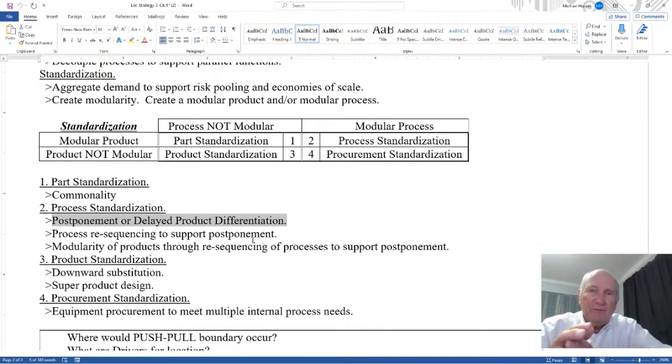Therefore, a product can have specific designs for each part of the downstream market, because you delay the differentiation of that product to the actual market. You postpone the product design, the product differentiation, to the final stage.